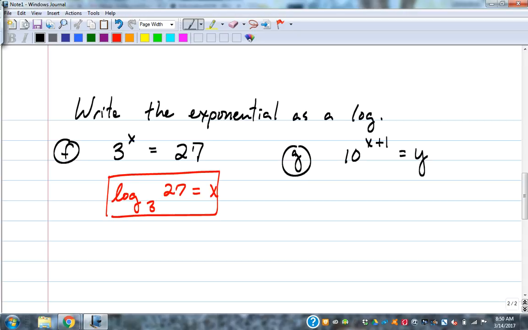Ten to the x plus 1 power is equal to y. Megan, you said log base 10 of y. No, but you won't see it written that way.